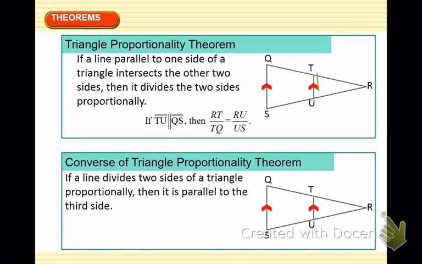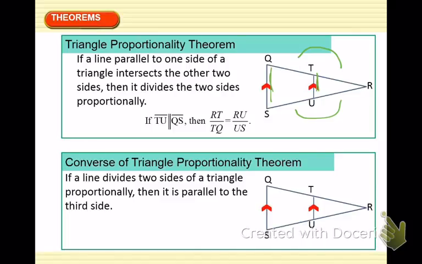So if TU is parallel to QS, then if I write a ratio comparing these two parts of this side, it has to be equal to the ratio comparing the lengths of these two parts of this side. Right? So, if TU and QS are parallel, then the ratio of RT to QT would have to be equal to the ratio of RU to US.